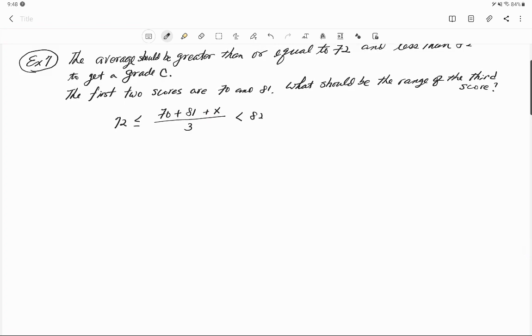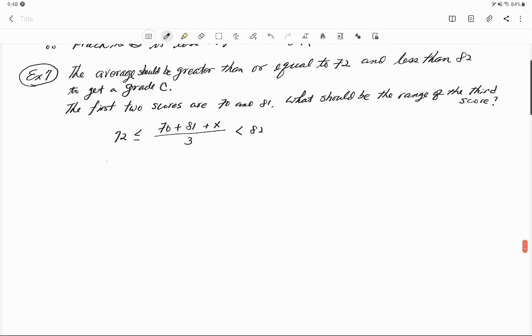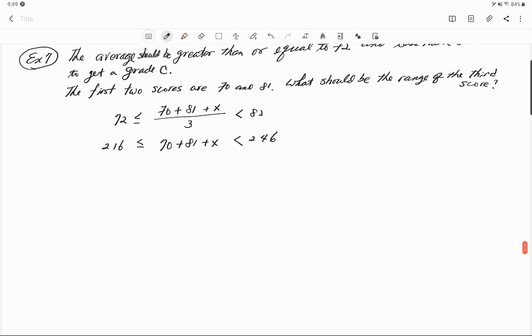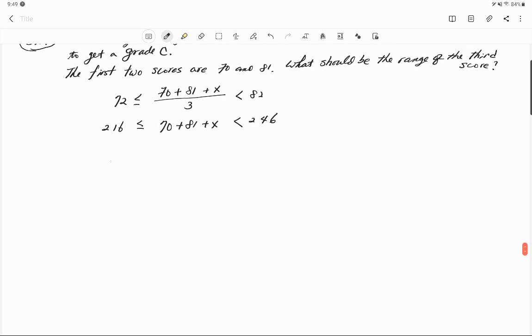So 72 times 3 is 216. And in the middle, multiplying this expression by 3 means the 3 cancels out. So we have 70 plus 81 plus X. Less than, so 82 times 3 is 246.